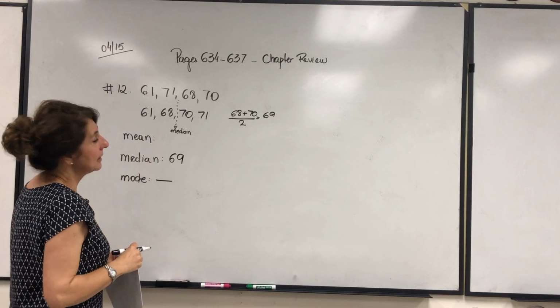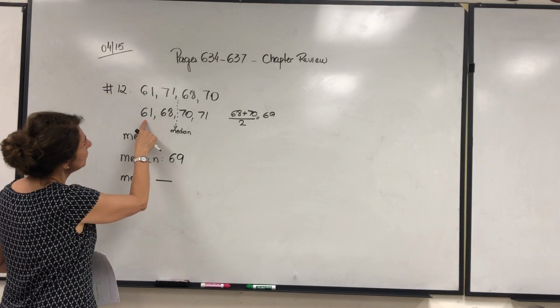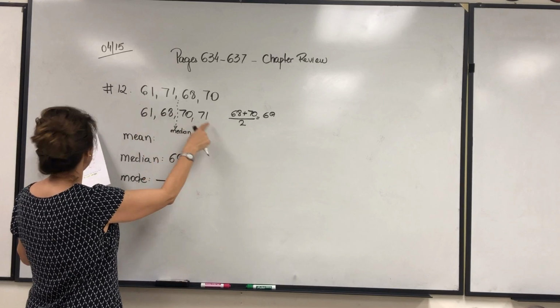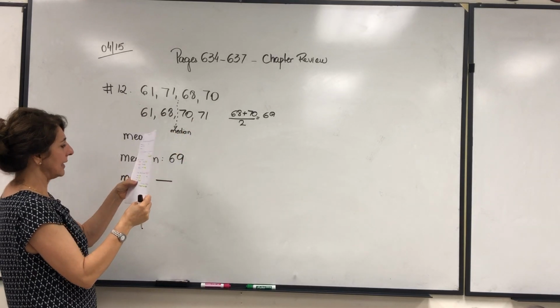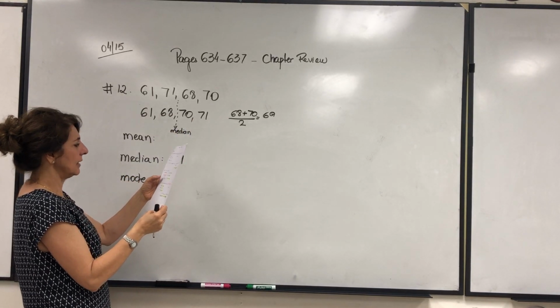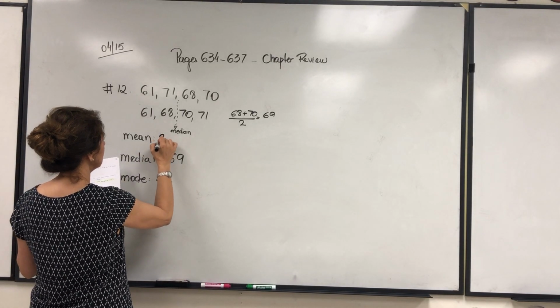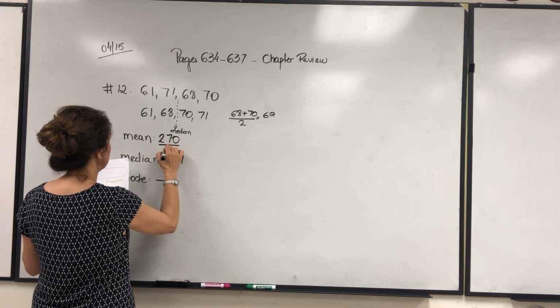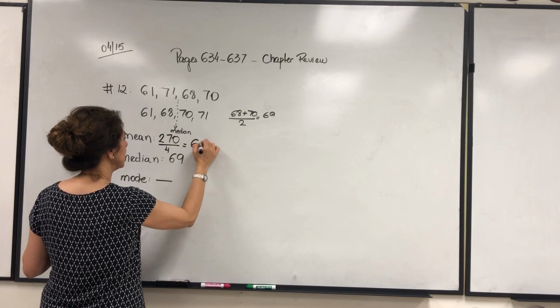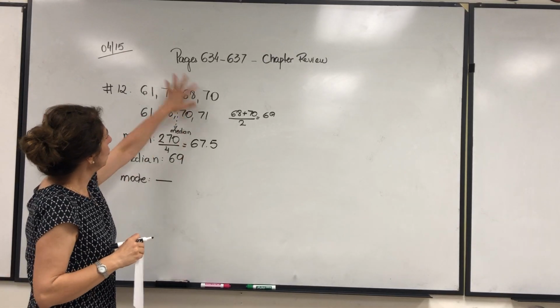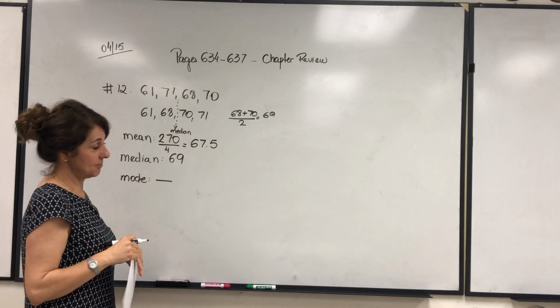And then my mean. Mean is what? 61 plus 68 plus 70 plus 71 divided by 4. I've done this, which is 270 divided by 4, 67.5. So this is with the first given numbers.